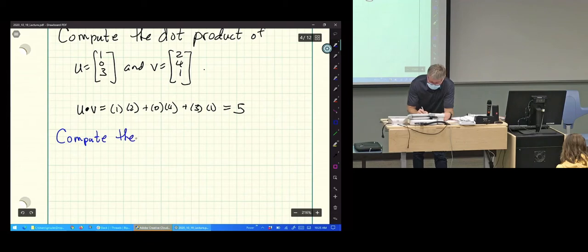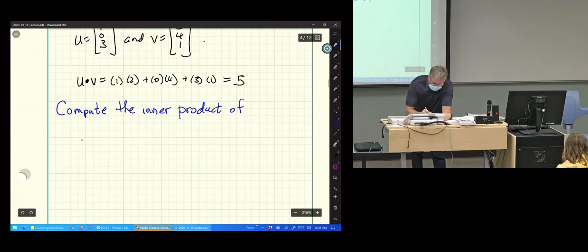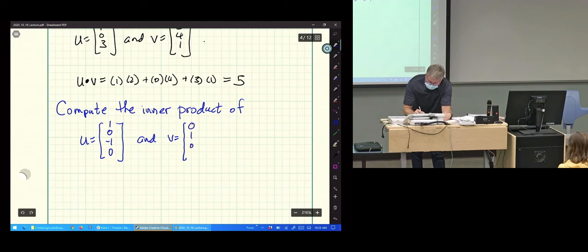Just to exercise the other vocabulary, compute the inner product of u equals 1, 0, minus 1, 0, and v equals 0, 1, 0, 1.